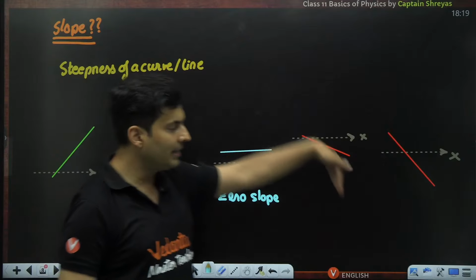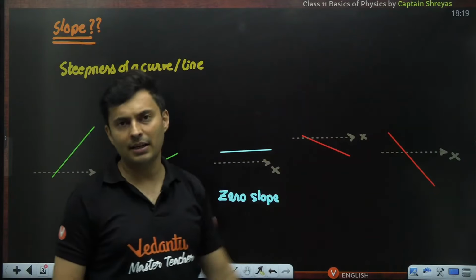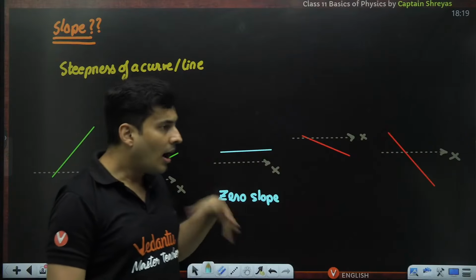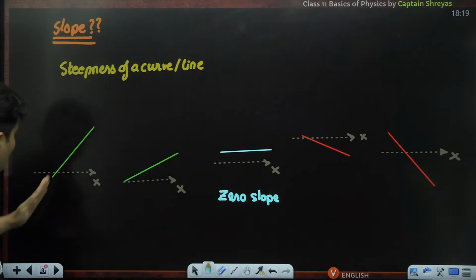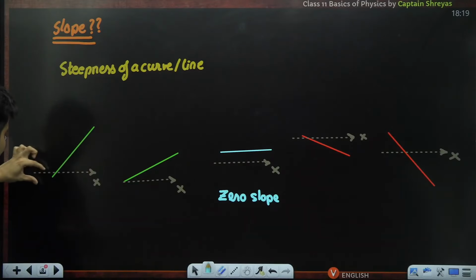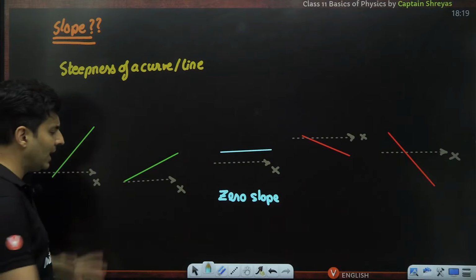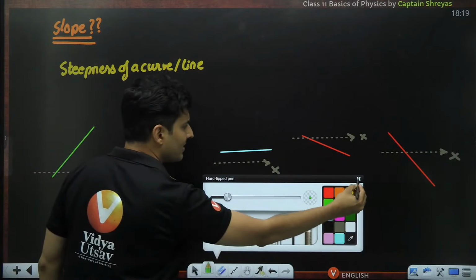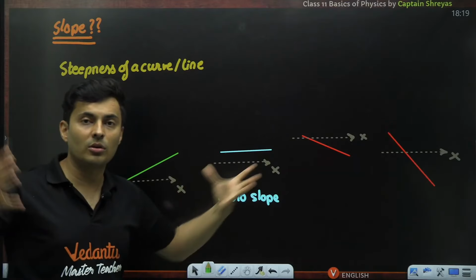But when you are coming down in a curve or a line, then it is said to be negative slope. How negative or how positive depends on the steepness. Always go from left to right, guys. Here, imagine a vehicle. It has to climb up like crazy. Here, it does not have to climb up that crazily. Whenever the steepness is very high, the magnitude of the slope is very high.